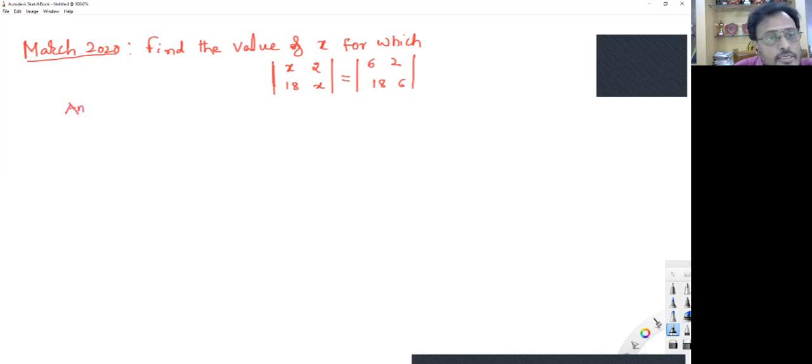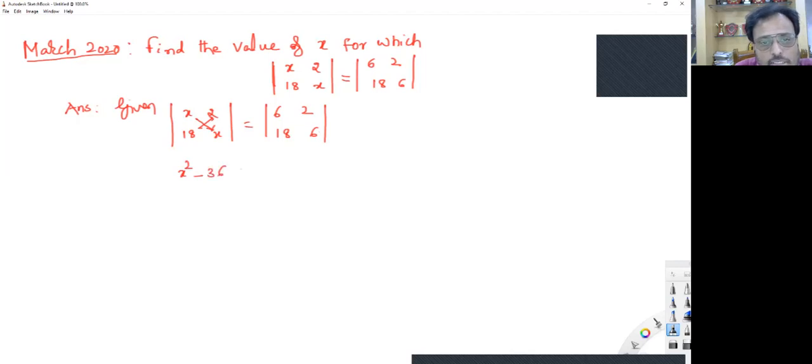So here the solution is what is given here. Given is the determinant of x2 18x is equal to the determinant of 6 2 18 6. As we know, the determinant of second order is x into x, x square, minus 18 2s are 36, is equal to again the determinant of second order, 36 minus 18 2s are 36.